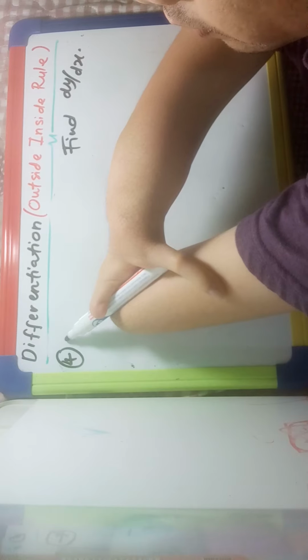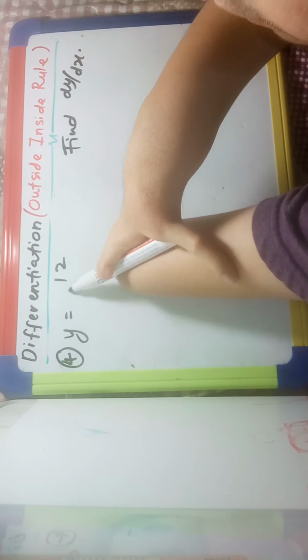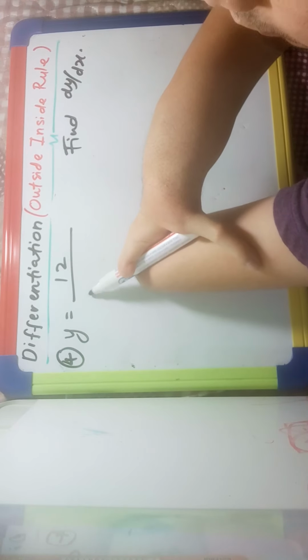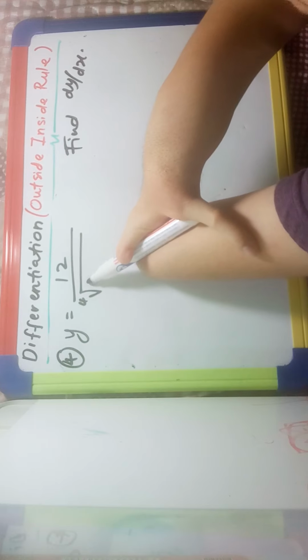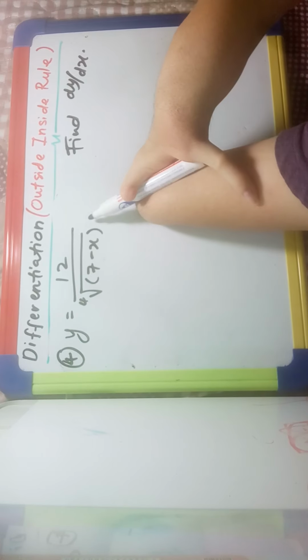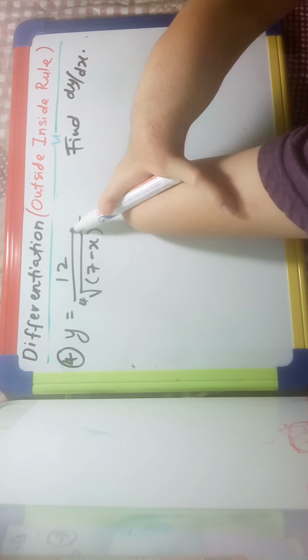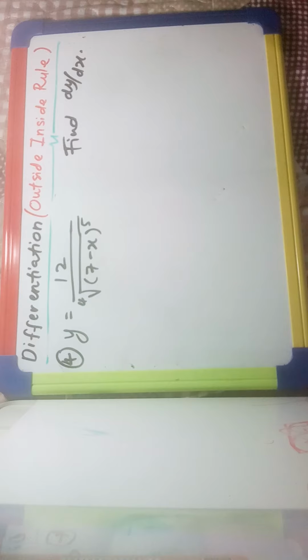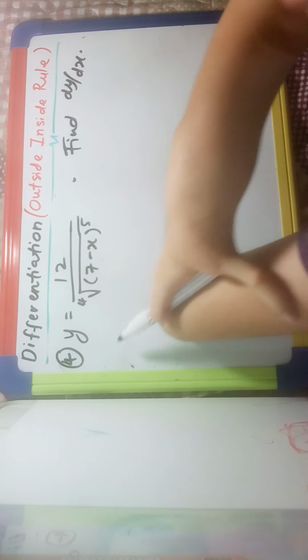If I have y equal to 12 over, let's say, root 4, in bracket 7 minus x to the power of 5. This one is under the root. Find dy over dx.